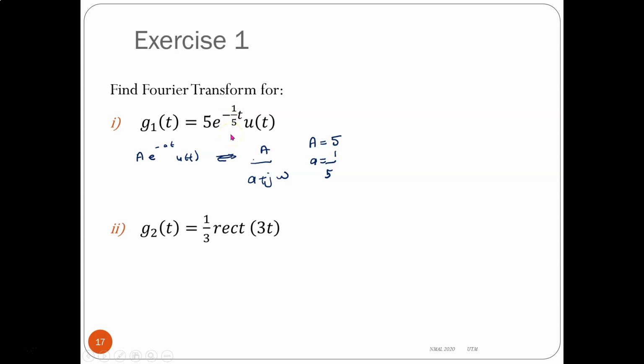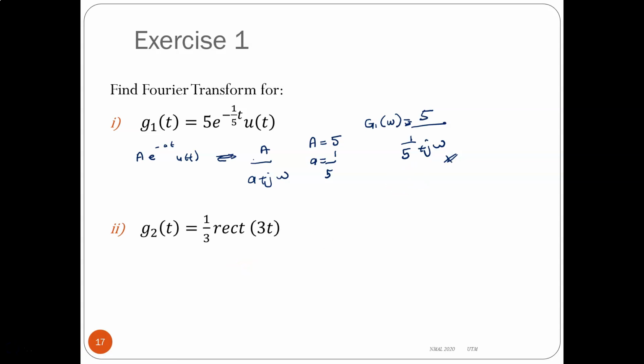From here, the Fourier transform for g1(t), written as G1(ω), is equal to 5 divided by (1/5 + jω). As simple as that. You don't have to solve further. This is the Fourier transform for g1(t).